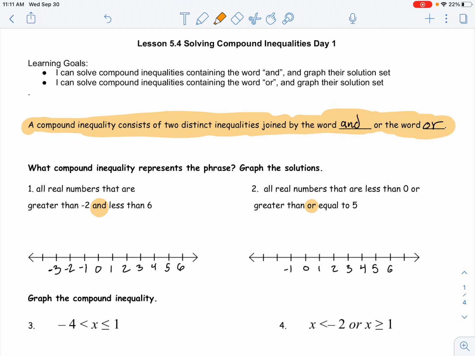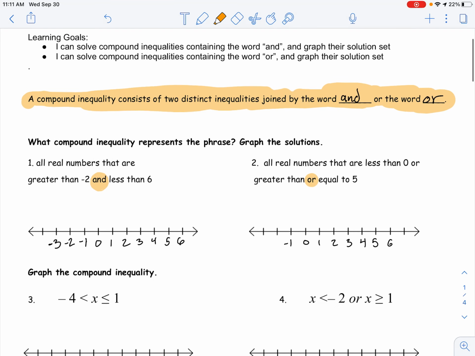So basically I could say you're picking a number that's less than 5 and greater than 2. Or you could say I'm picking a number that's maybe greater than 5 or less than -3. And so that's what we're going to be doing on this one. It'll make more sense as we start to go through these.